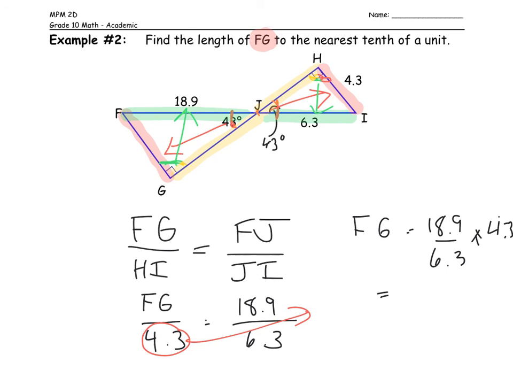I'm getting 12.9. So let's just double check that that makes sense in the context of the question. 12.9, I'm looking at the rest of the sides. That seems to make sense, so I'm in good shape.